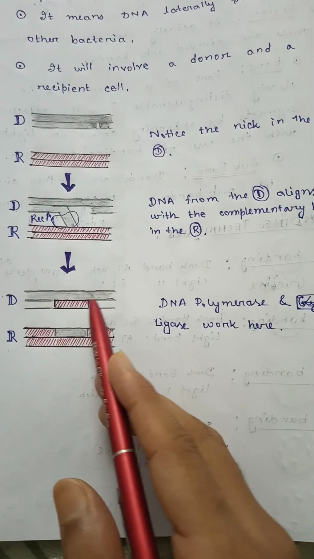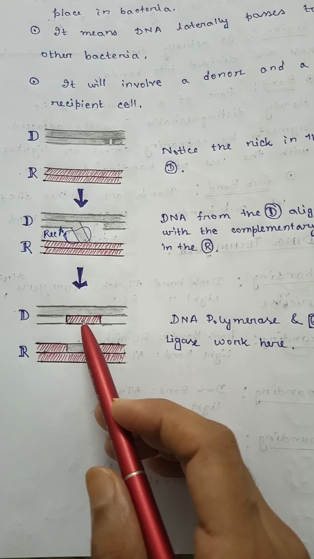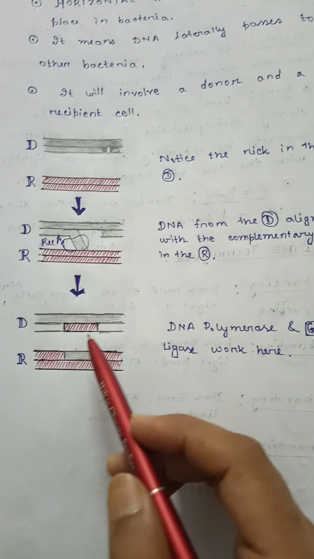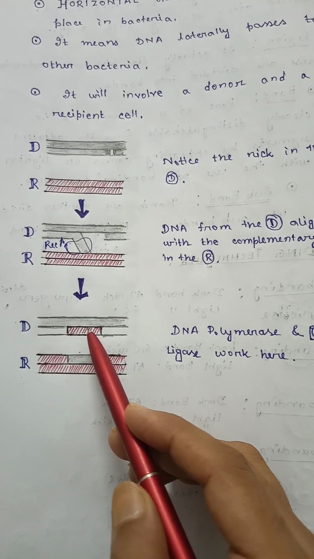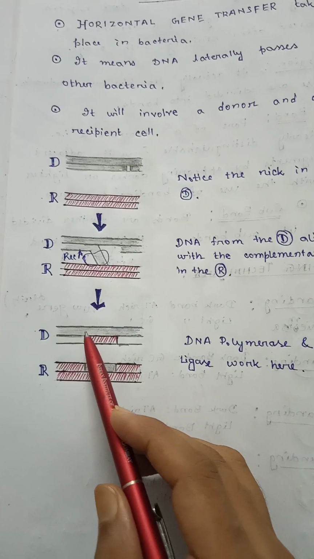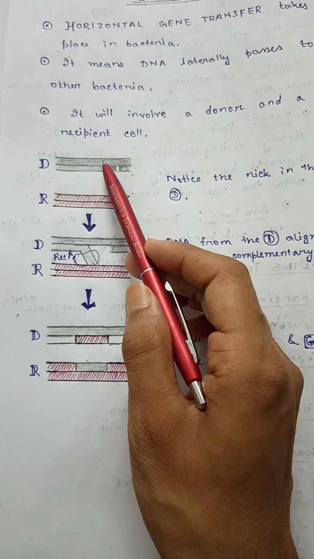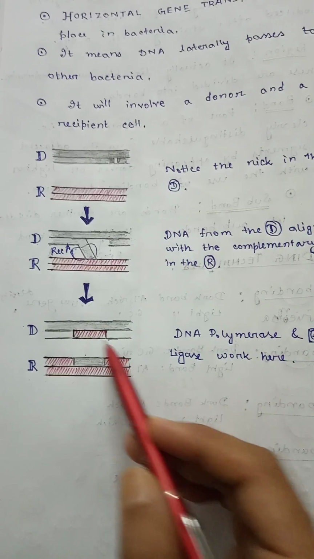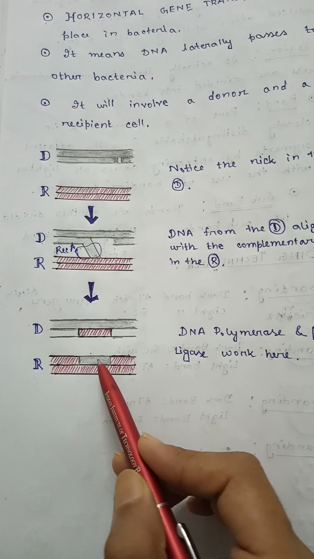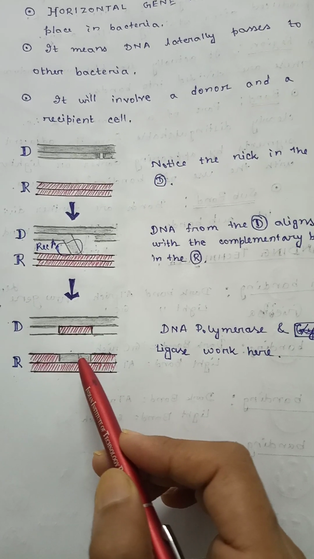Now in the next step you can see the part of the recipient is here, and the part of the donor is there. This is how the recombination is working, right? At first it looks like this. Now it consists of some parts of the R part, and the R part consists of some part of the D part. Now we can call it a recombinant.